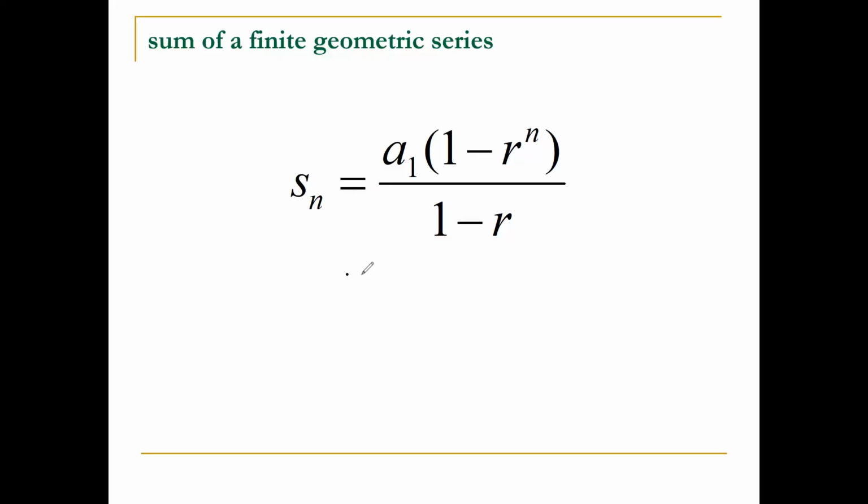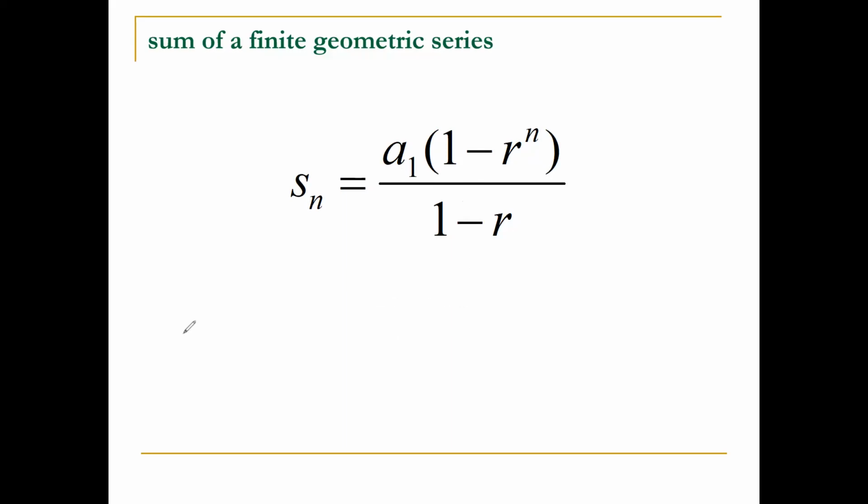This is also equal to, when we distribute a sub 1 in each term, a sub 1 times 1, that is a sub 1, minus a sub 1 times r raised to n, all over 1 minus r. So it's just the same. If you want to use this, that's fine, or this one, it's just the same.